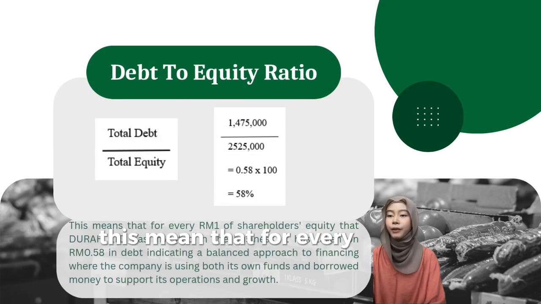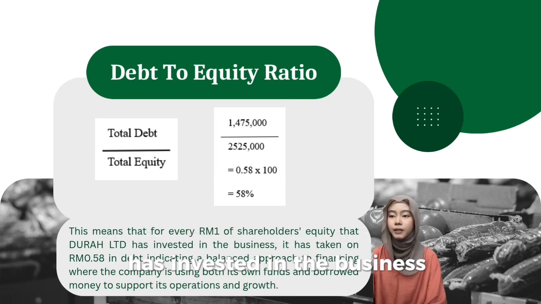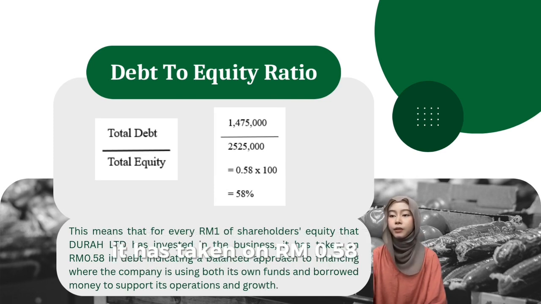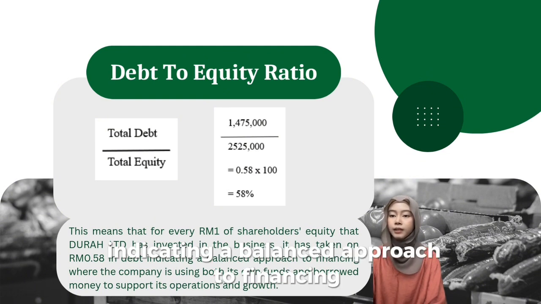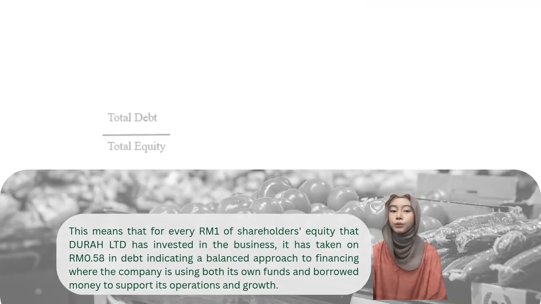This means that for every RM of shareholder equity that Dura Ltd has invested in the business, it has taken on RM 0.58 in debt, indicating a balanced approach to financing where the company is using both its own fund and borrowed money to support its operation and growth.